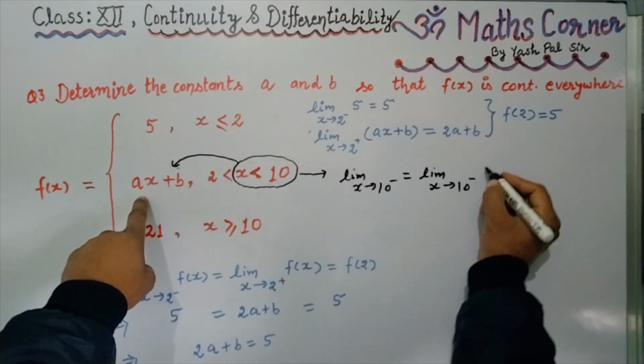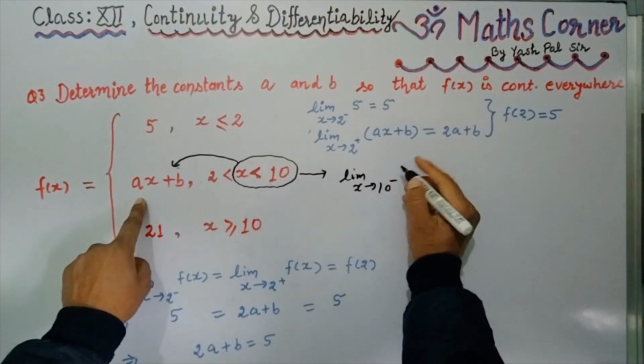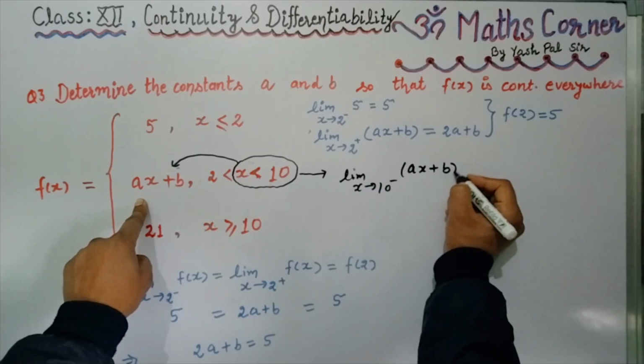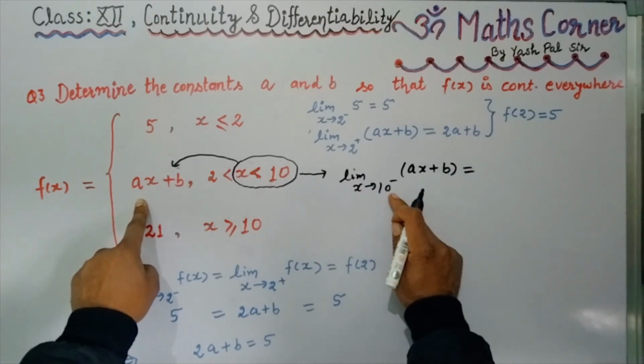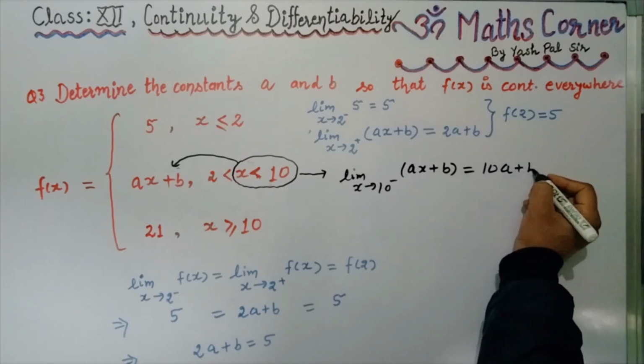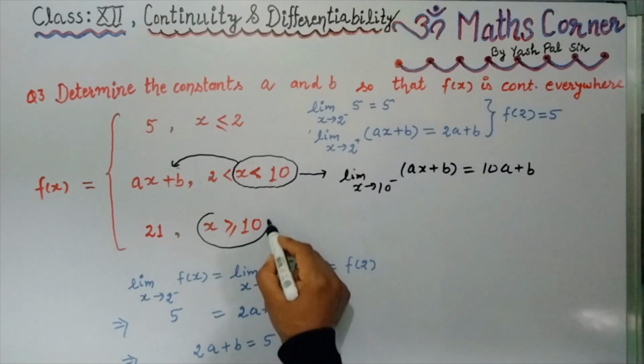Directly we can put x equal to 10 now. This becomes 10a plus b.